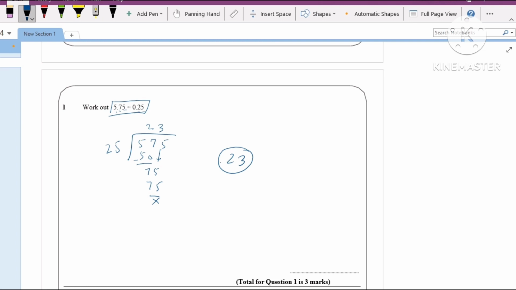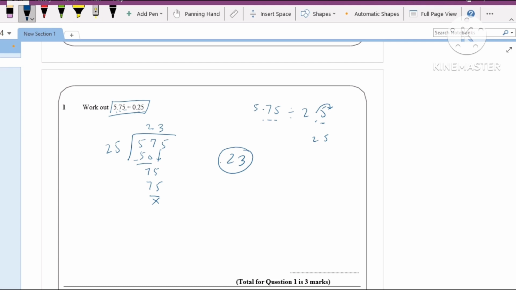For example, if we have a number like 5.75 divided by 2.5, here we can see that in this number after the decimal point we have two digits, but here after the decimal point we have one digit. So we can move the decimal point to remove the point, which means we're going to multiply each number by 10.